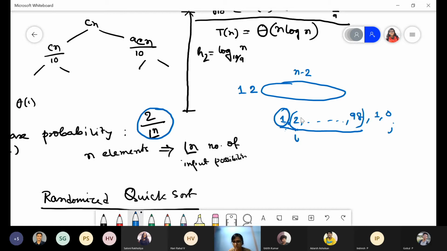Then J will come, and 0 will come here, right? There will be a swap between these. So 1, 0, 2 will come here, and the remaining elements are here.